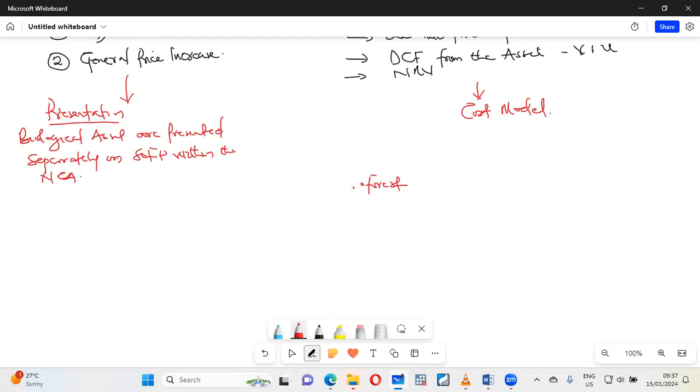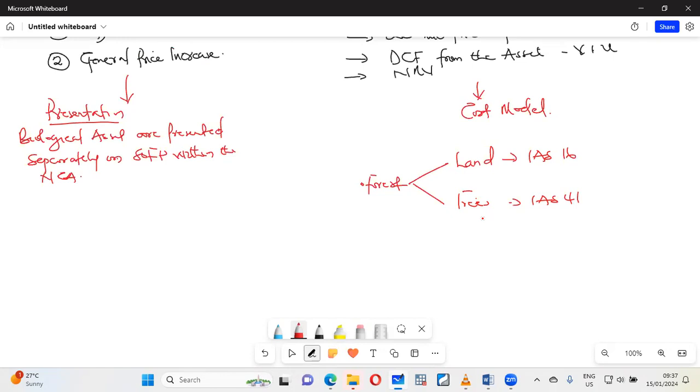Because land is not a biological asset, what you are going to do is separate the forest into land and the trees. You value the land using IAS 16, and you value the trees using IAS 41. You value them separately, so please be careful around that.